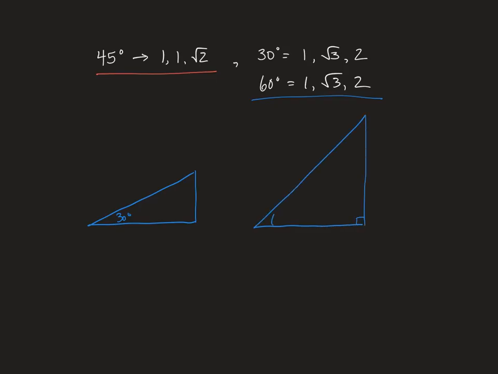And rather than trying to memorize the location of those values, let's use some reasoning so we never have to worry about forgetting. When you take a look at that first triangle, our 30-degree right triangle, remember, small angles make small opposite sides. Big angles make big opposite sides.